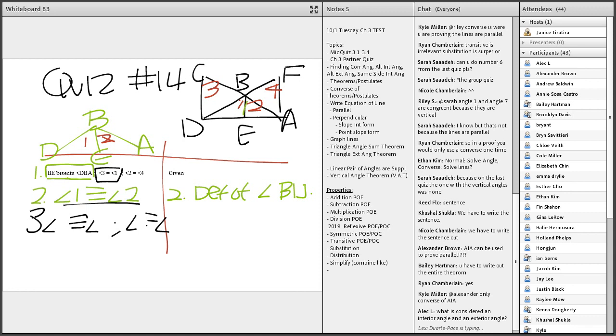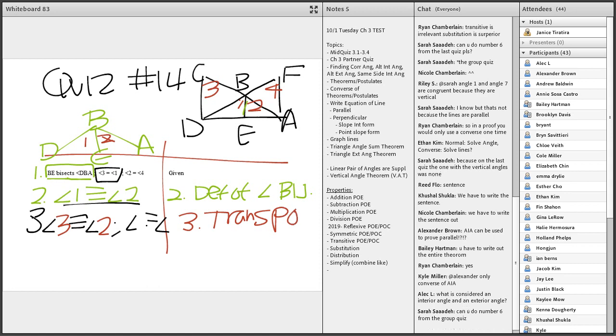So that means that 3 is congruent to 2, or vice versa. So using the other given that I boxed in black and the second step green, that's going to be 3 is congruent to 2. That's either transitive property or substitution. Substitution. Sorry, I can't make the full word.